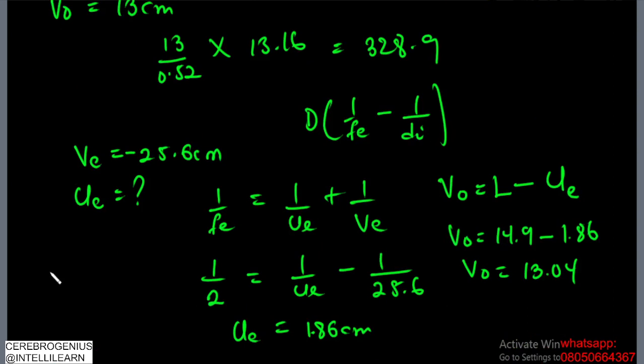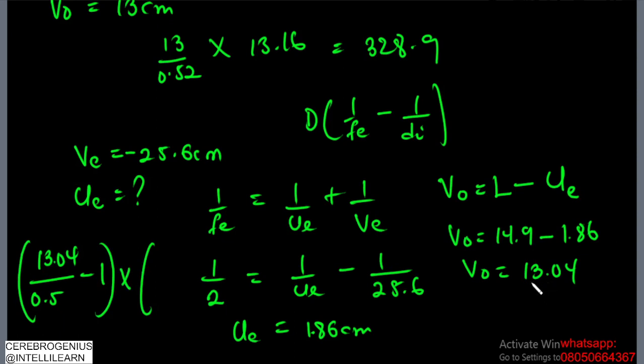So the magnification of the objective, since we know V, will be 13.04 over its focal length, which is 0.5, minus 1, times the magnification of the eyepiece, which is D, that is 25, times 1 over focal length of eyepiece, which is 2, minus 1 over distance of the image, which is 25.6.